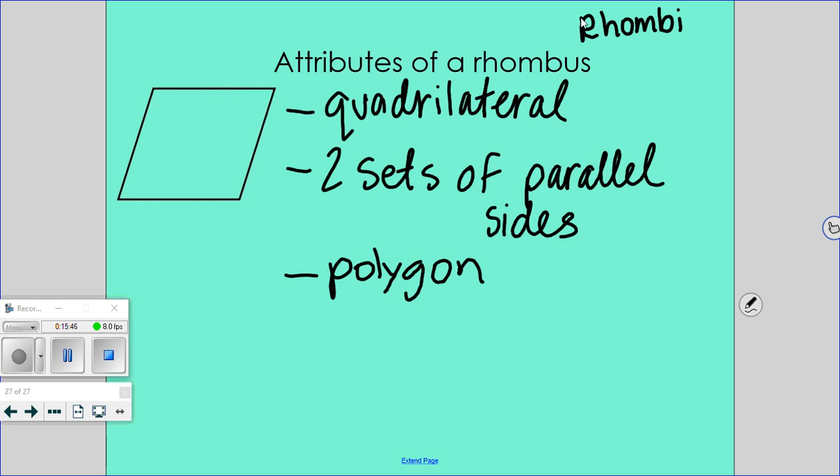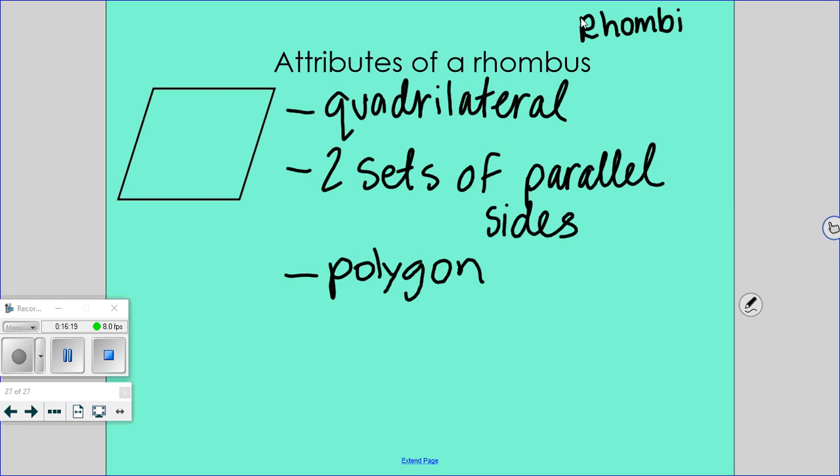Kylie? I don't know if this is true, but does the size have to be equal? Nope. Hayden? I think, I'm not sure, but all sides are the same length. All sides on a rhombus are all the same length. It is very similar to a square because a square also has all 4 sides that are the same length.